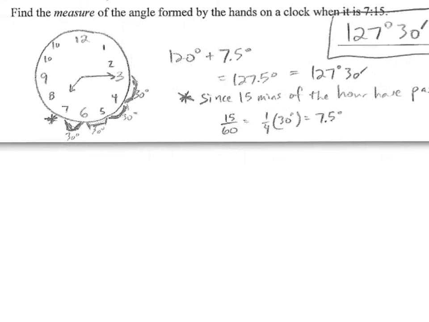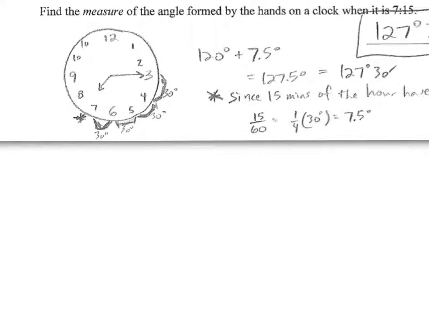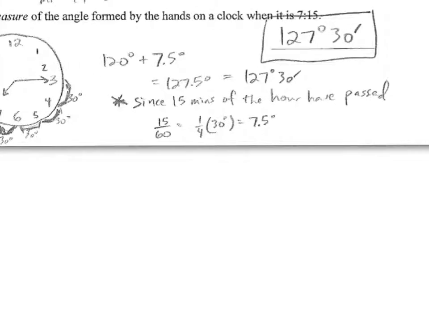I tack that on to the 120 that I know is already between that 3 and the 7, and I've got 127.5 degrees. Last thing I do is convert the half degree to 30 minutes, and I've got my final answer. So 127 degrees, 30 minutes.